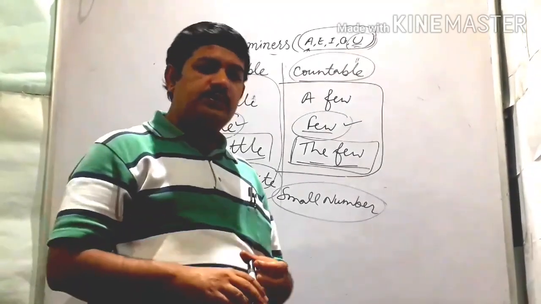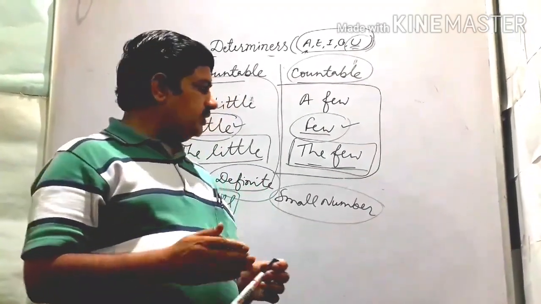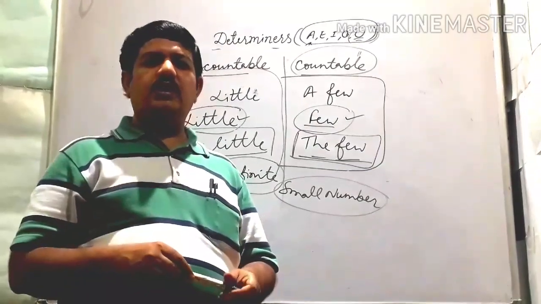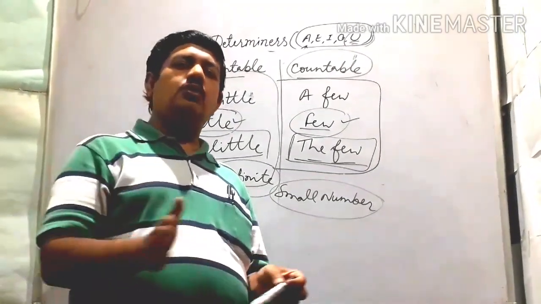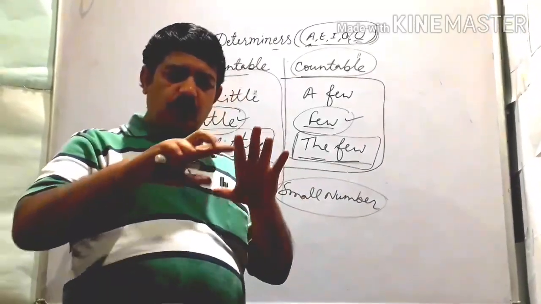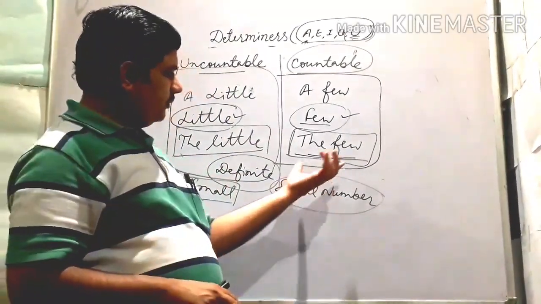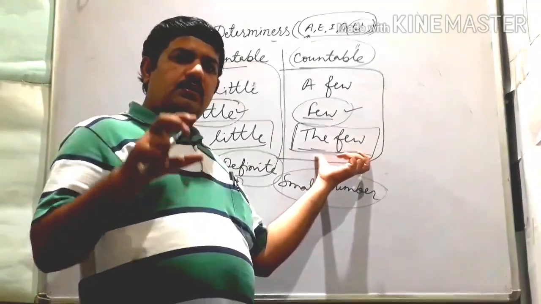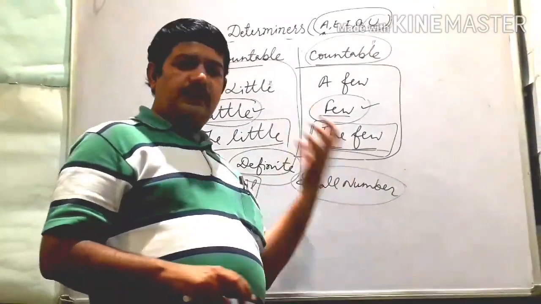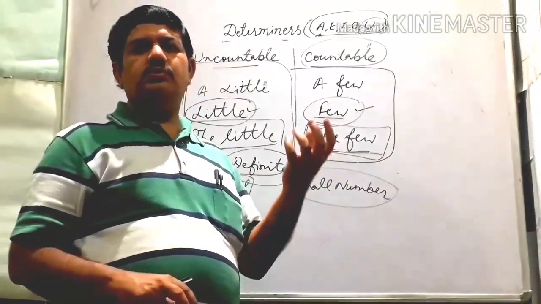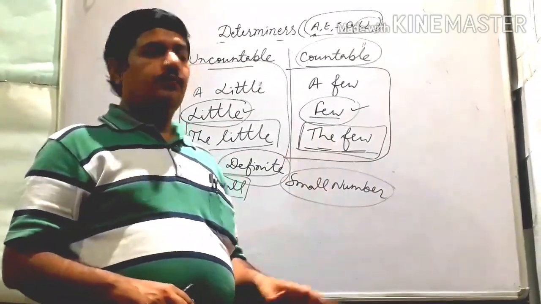The few notebooks that I had, okay, have been sold yesterday, or have been sold today. So when you talk about these things in this way, the few and the little refer to definitely small amount, small quantity, small number.